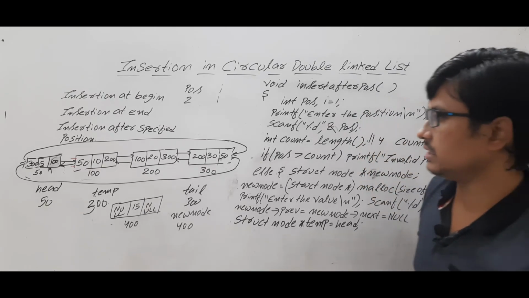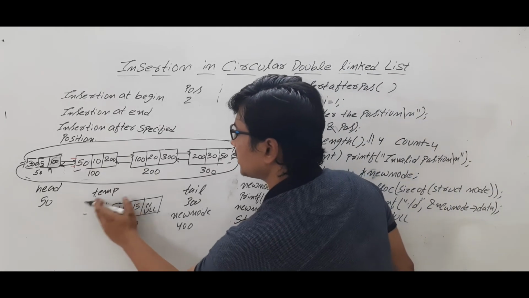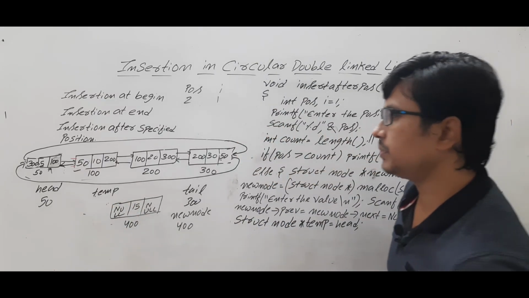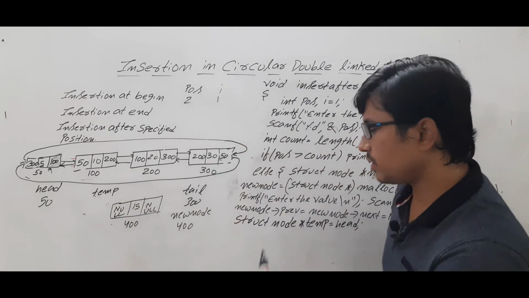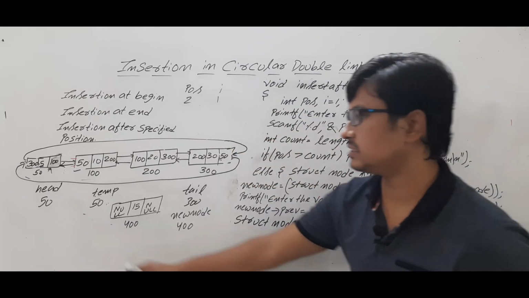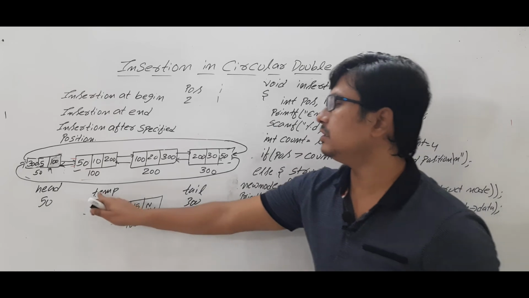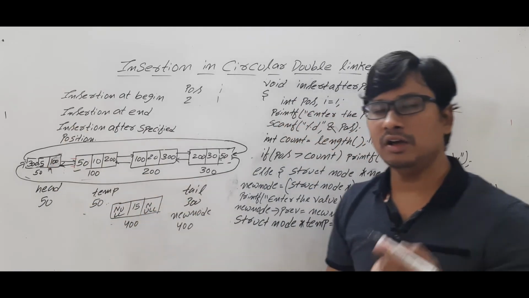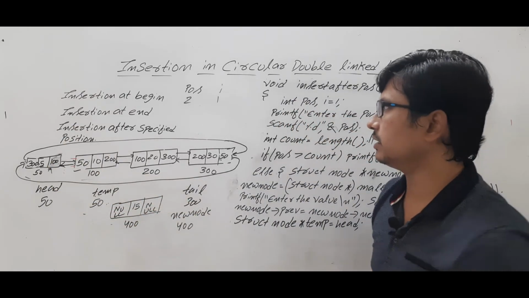Are you able to understand? So we have created a temporary pointer called temp, and we are assigning the head value. Head value is 50, so we have assigned 50 here. This pointer is also pointing to the first node in the circular double linked list.